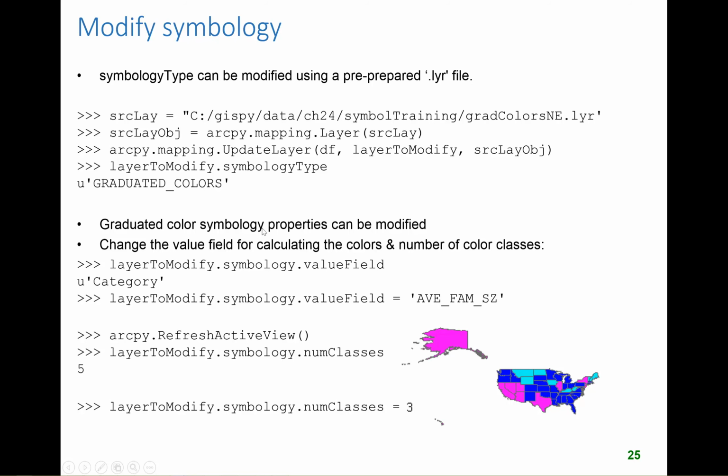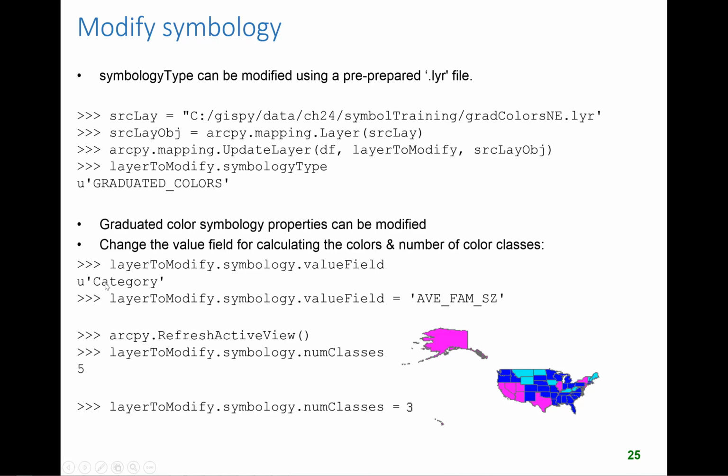Now we can change the symbology properties of the layer that we just modified. We can change the value field for calculating the colors and the number of color classes. Here we're checking the value field.